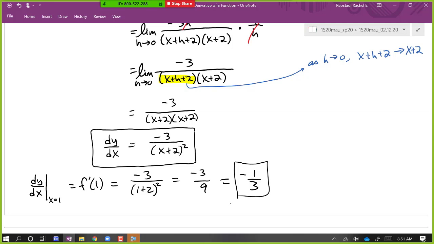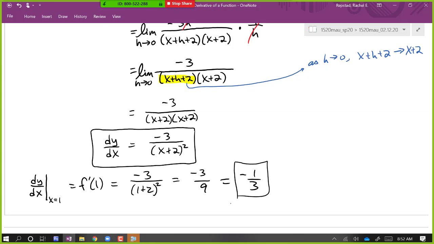I know that the function certainly is decreasing because its tangent slope is negative. It's not decreasing too steeply because it's just negative 1/3. It's not like negative 5 or something, but decreasing nonetheless. Okay, questions on that one?